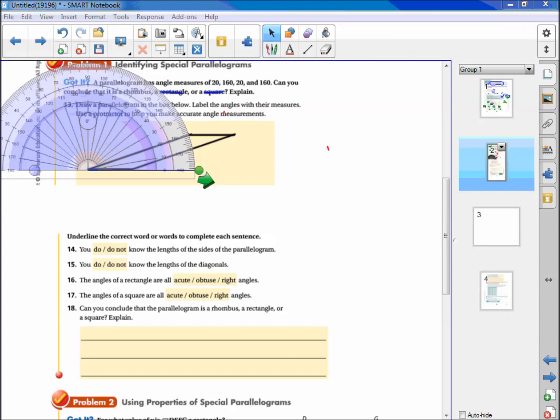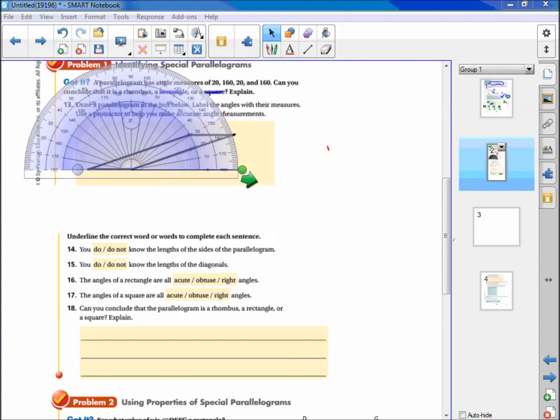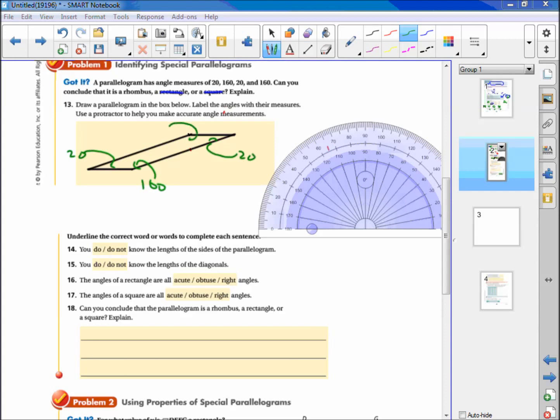And then if I move it over here, we can see 160, okay? So in here is going to be a 20, and here's going to be 160, and then that's a 20, and that's a 160.